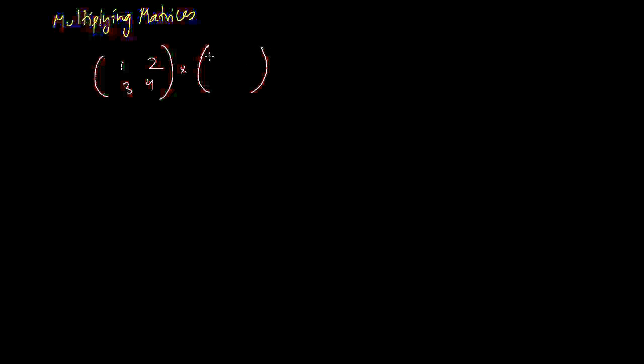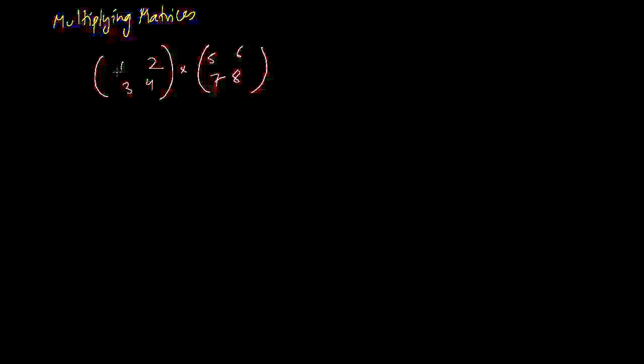So if you want to multiply two matrices, if you have 1, 2, 3, 4 and you want to multiply this with 5, 6, 7, 8, this is what is done.